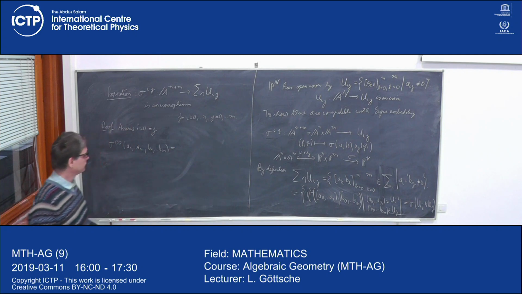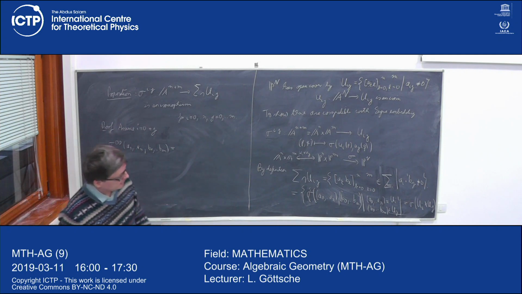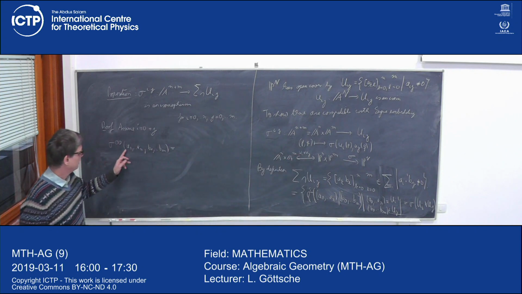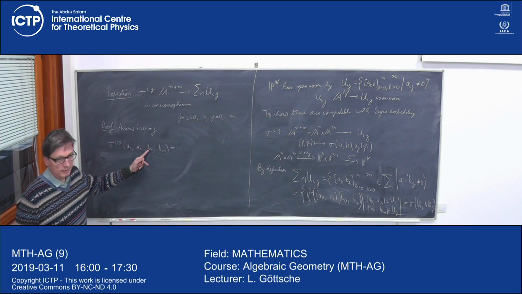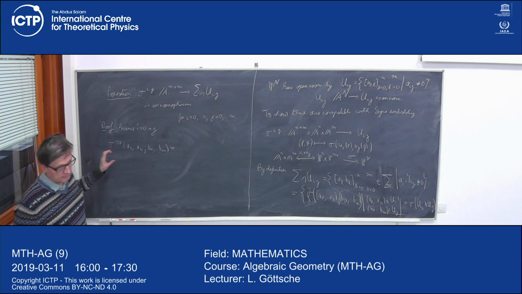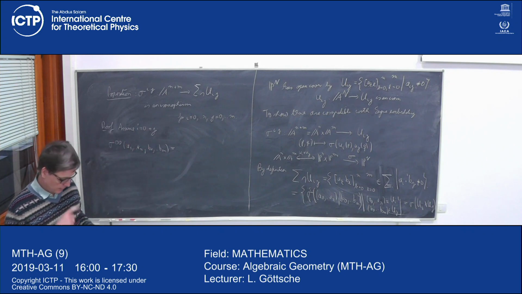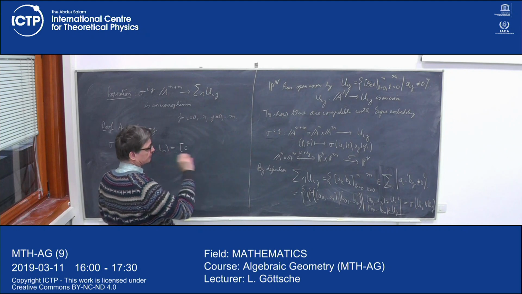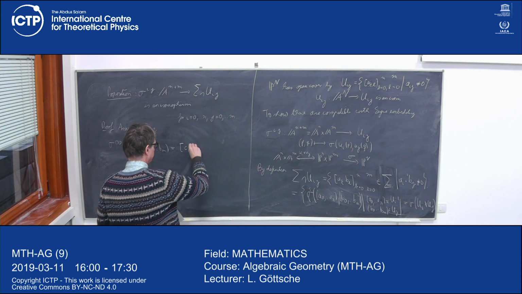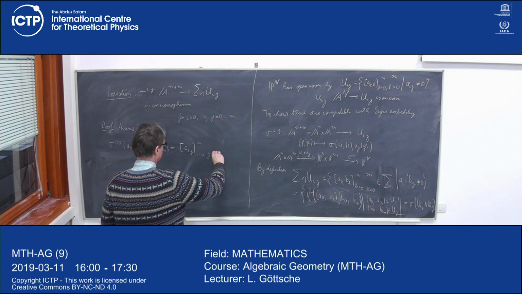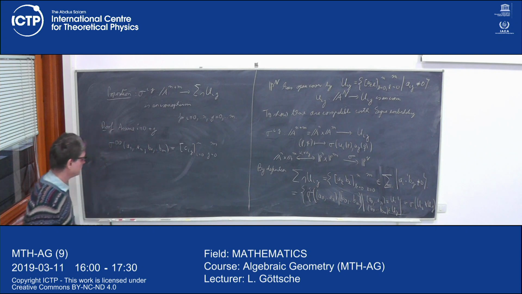I first embed it into projective space, so that means I add a 1 and make it a vector in projective space. And then I consider the class which is obtained by taking all possible products. So this will be an element in this projective space P^N, Cij, i from 0 to n, j from 0 to m, with the following.